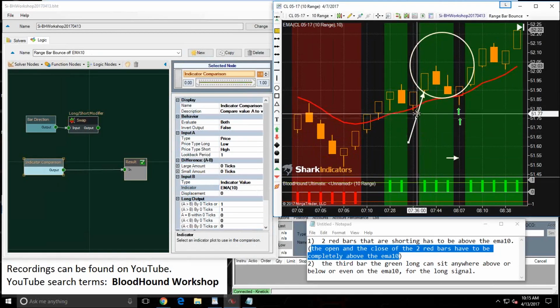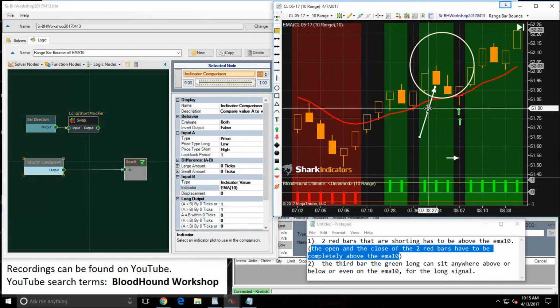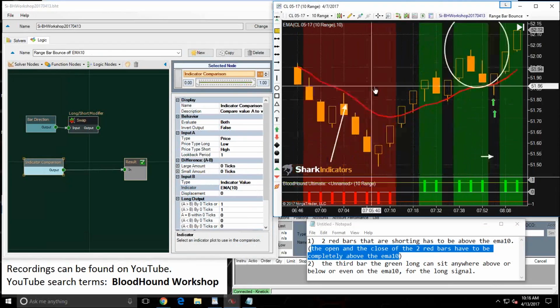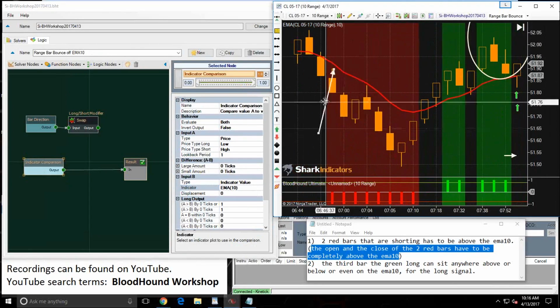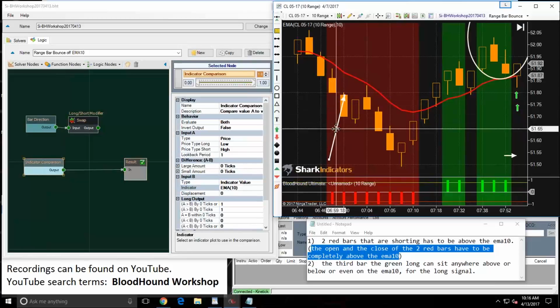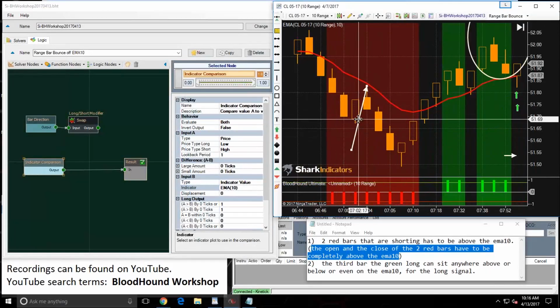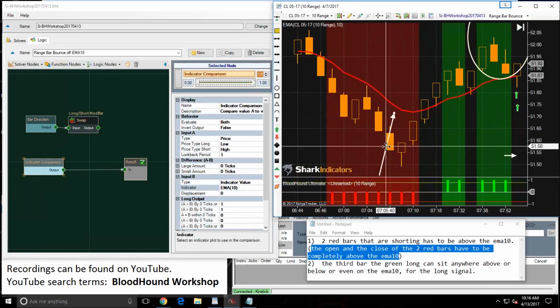So we can see now all of these bars that are completely above the EMA, we're getting a long output as expected. And now over here, all the bars below the EMA, we're getting a short output there. That's good.